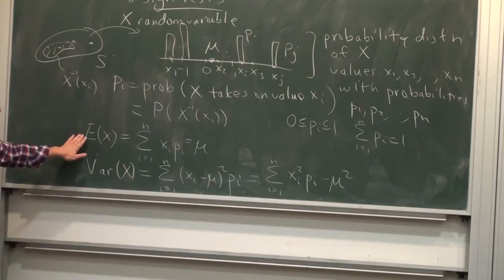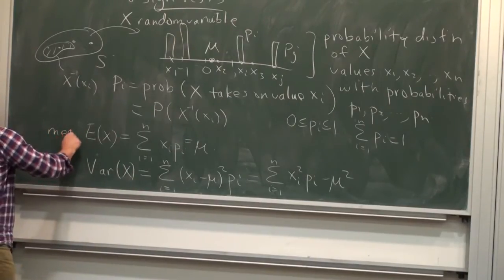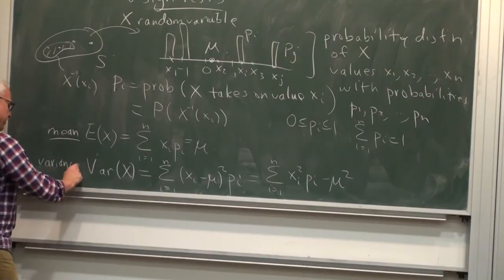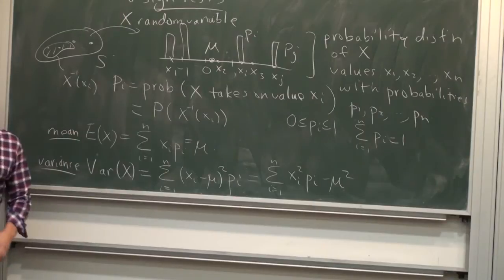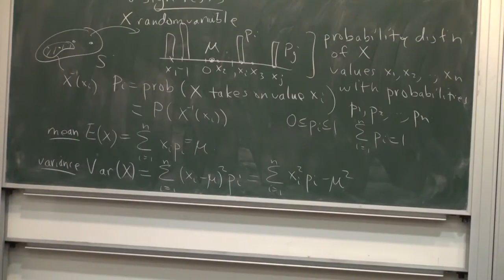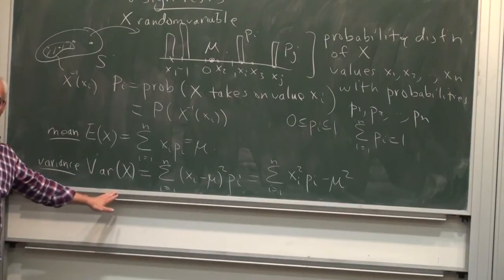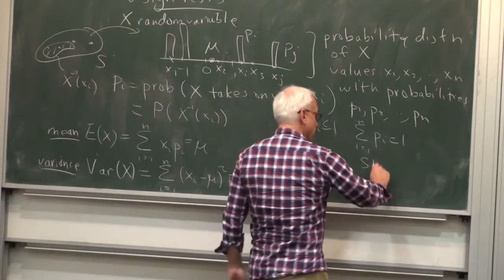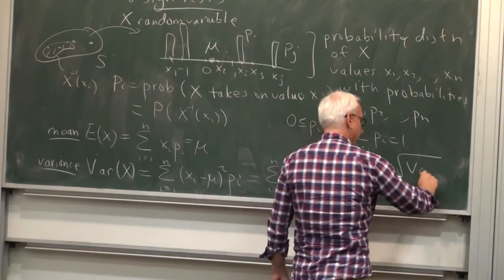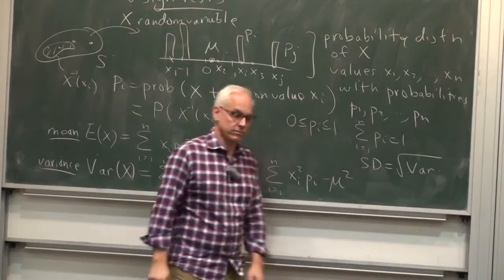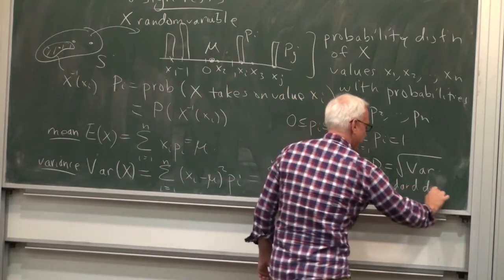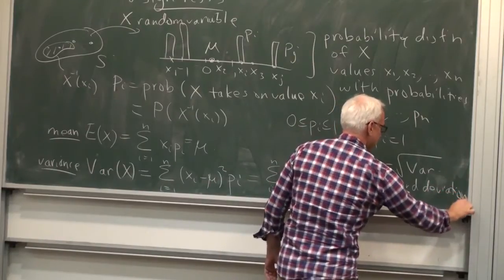This is the expected value or mean, and this is the variance. And then there was a sort of a third quantity of interest that we sometimes introduced, which was just the square root of the variance, and that was the standard deviation. All right? So the standard deviation is the square root of the variance.